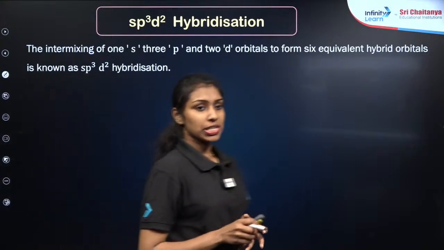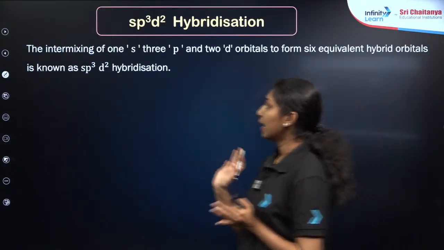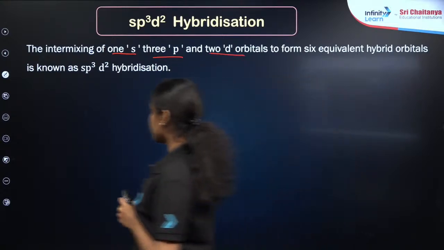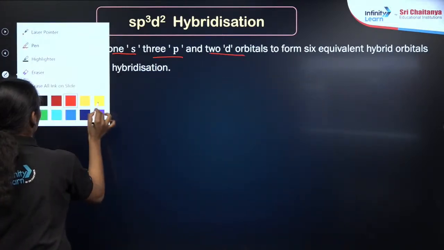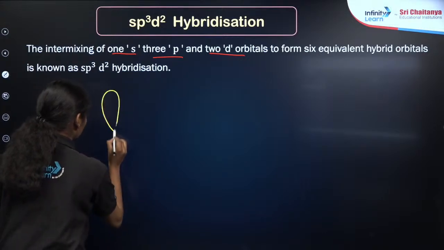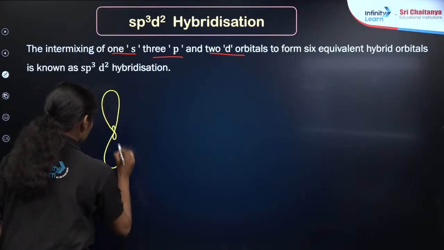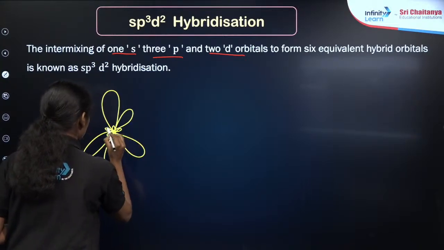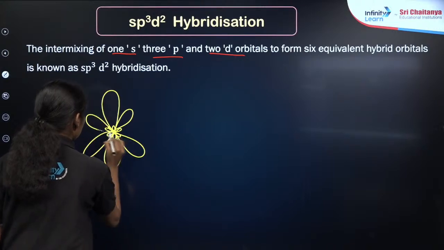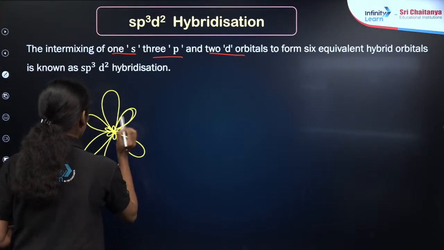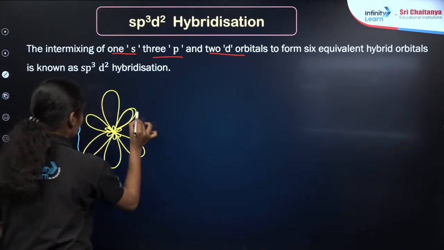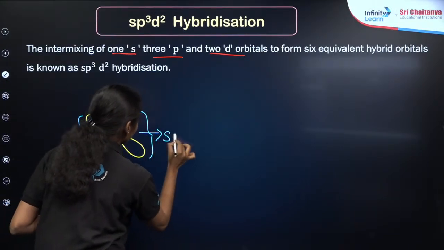The last type of hybridization is the sp3d2 hybridization. Again, intermixing of one s orbital, 3 p orbitals and 2 d orbitals. Then the structure will be like this: these 4 orbitals will be in the same plane.